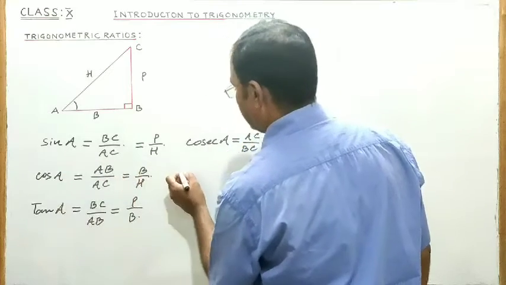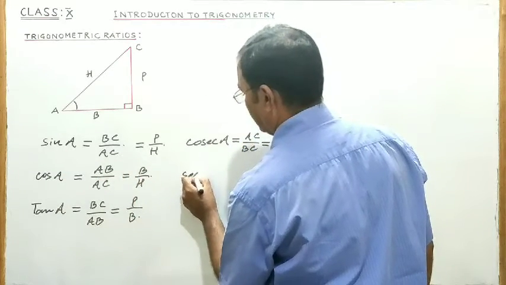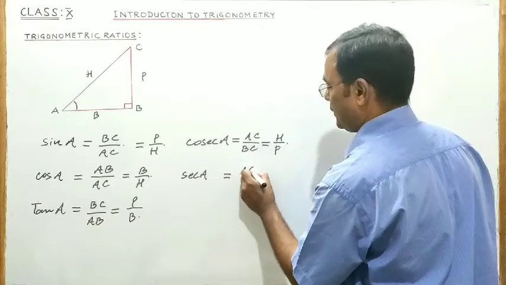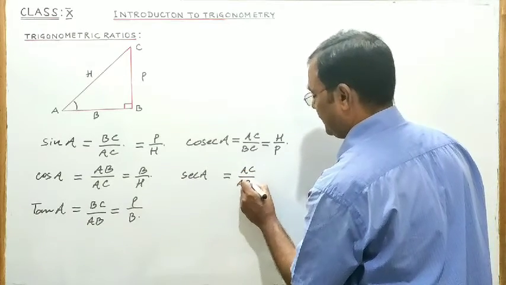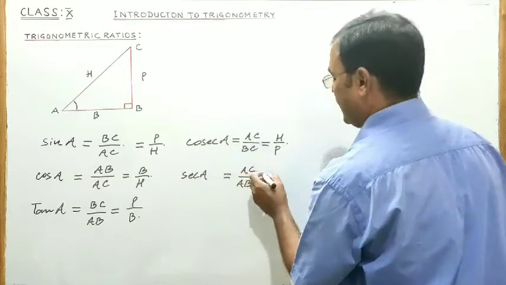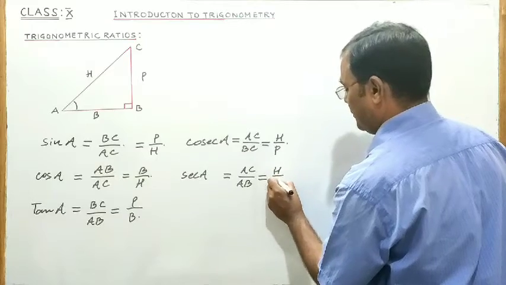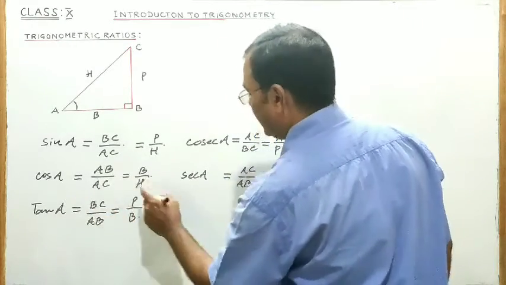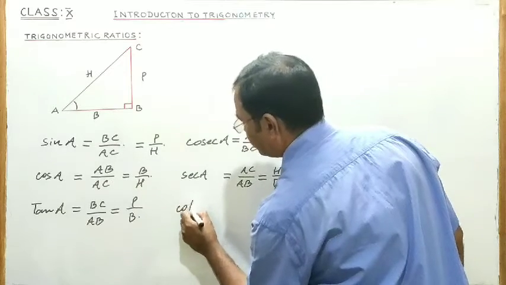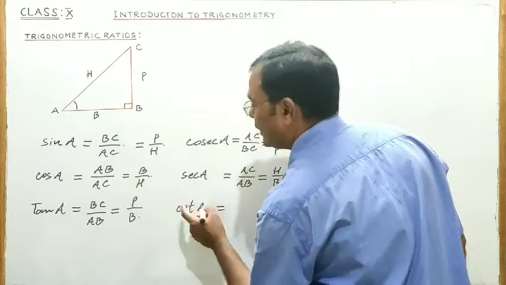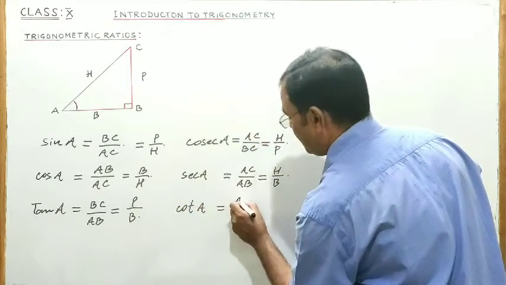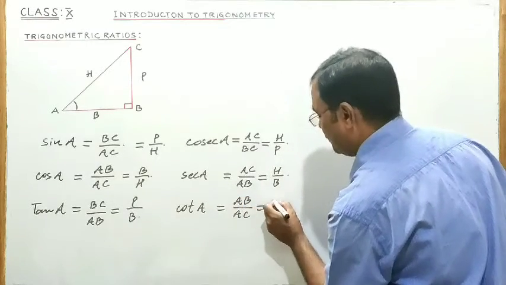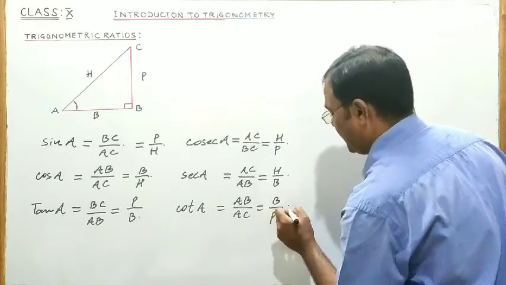Reciprocal of cos is sec. Sec A is equal to AC by AB, that can be written as hypotenuse by base. And reciprocal of tan A is cot A. So cot A is equal to AB by BC, which is equal to base by perpendicular.